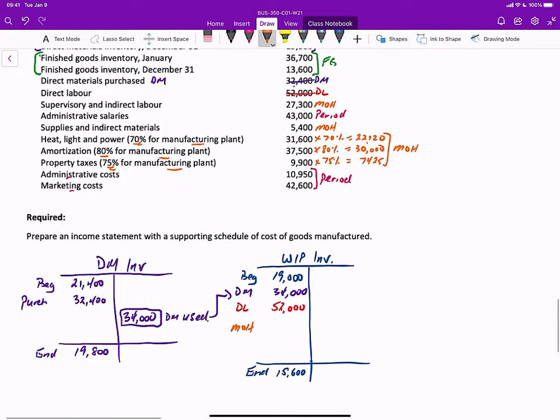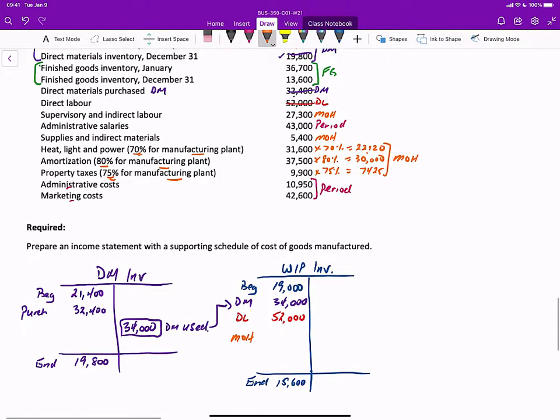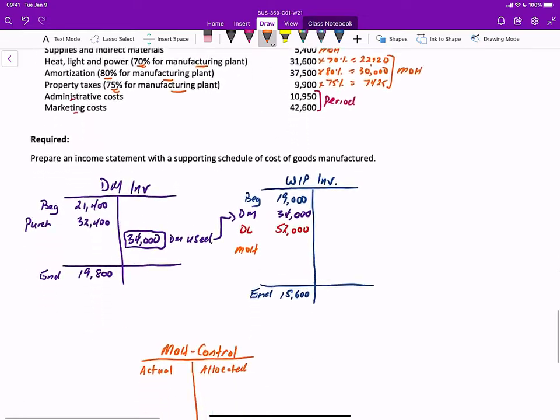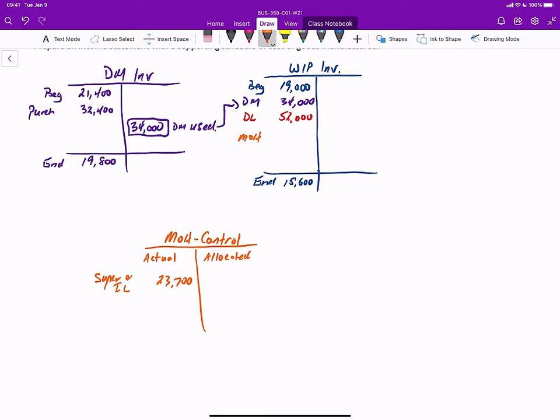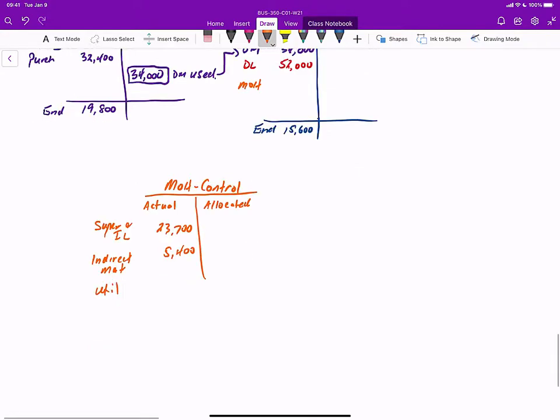Of all of the numbers that we have in orange, we will have the supervisory and indirect labor of 23,700. Then we have the indirect materials of 5,400. And then we have the power and utilities is 22,120. And then we have the amortization, which is 30,000. And then the property tax, which is 7,425.